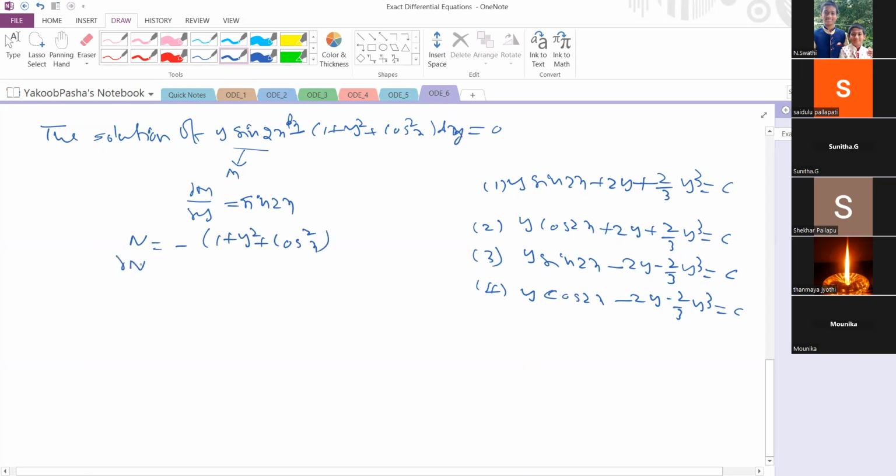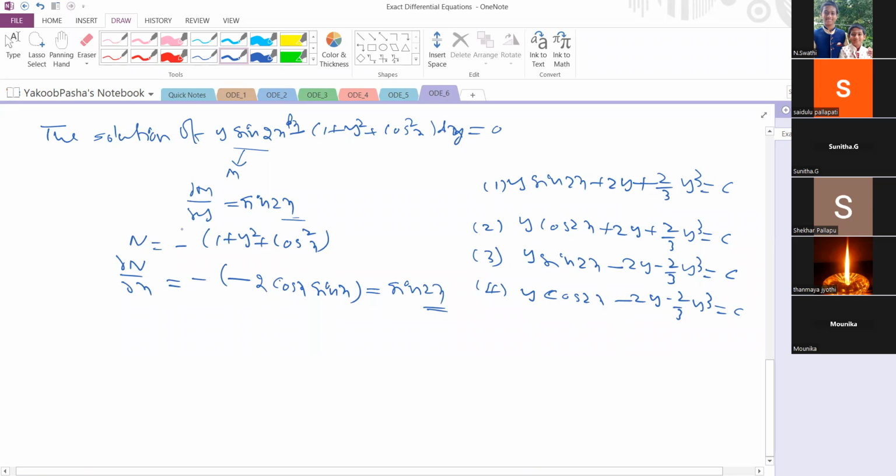Now differentiate with respect to x partially. Minus of this is 0, this is 0. Now cos square x differentiation is minus 2 cos x into sin x, which by the 2 sin a cos a formula is sin 2x. So dou M by dou y and dou N by dou x are both equal. So this given equation is exact.